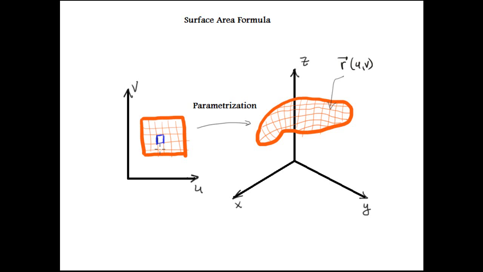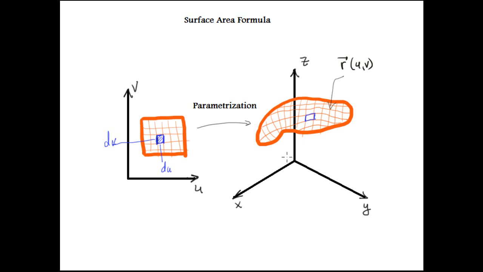This rectangle has one dimension du and the other dimension dv. When you are doing the parameterization, it's like a change of variables. You change u, v to x, y, z. Suppose that this rectangle has this image.